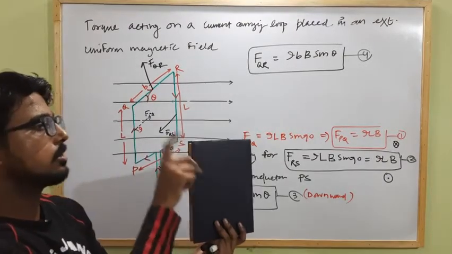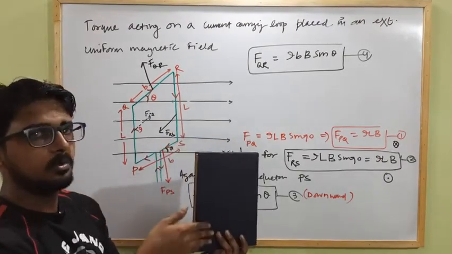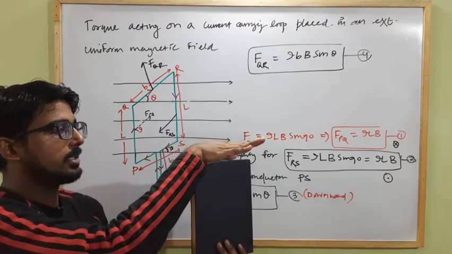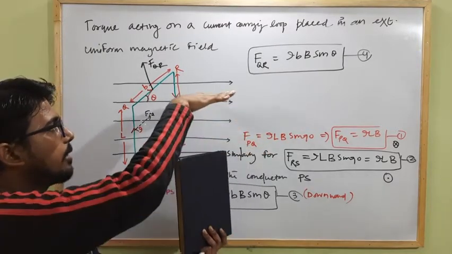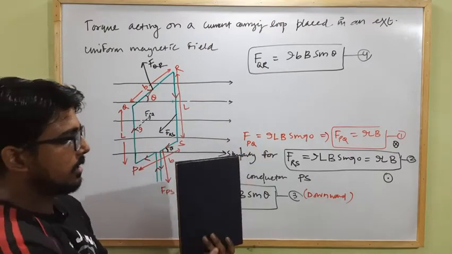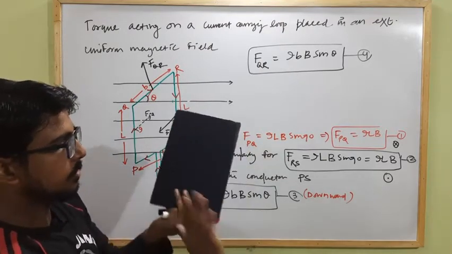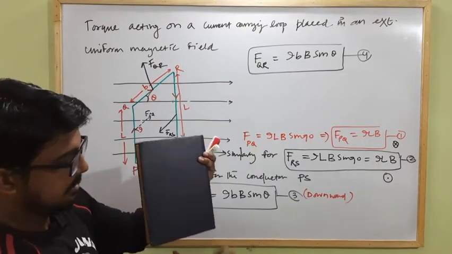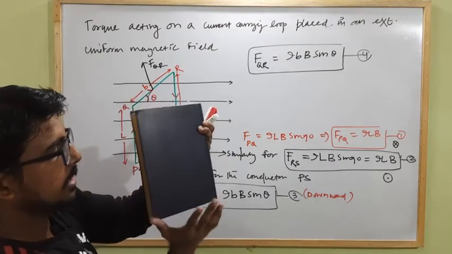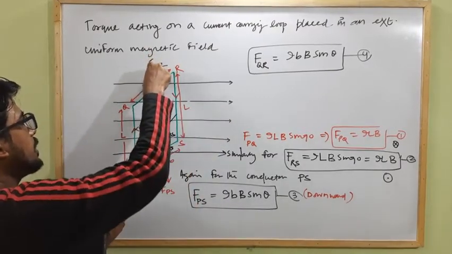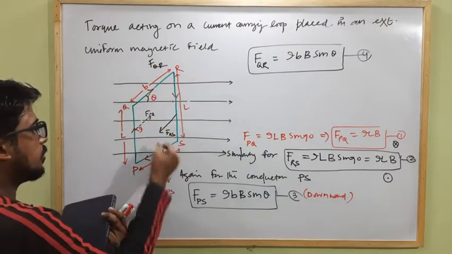Or let me show you. This is the current carrying loop. Here the current flows in this direction, so I am putting my thumb like this. The magnetic field is horizontal along this direction, and here the current is flowing in this direction like this, and the magnetic field is horizontal, so here the magnetic force will be downward and here it will be upward.